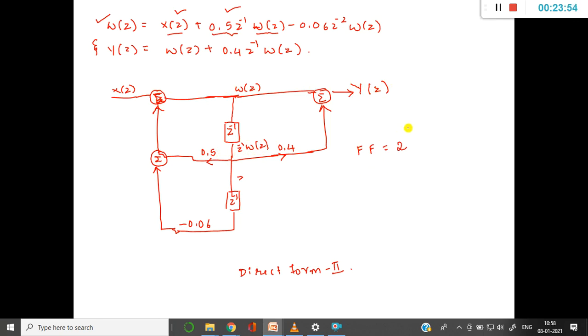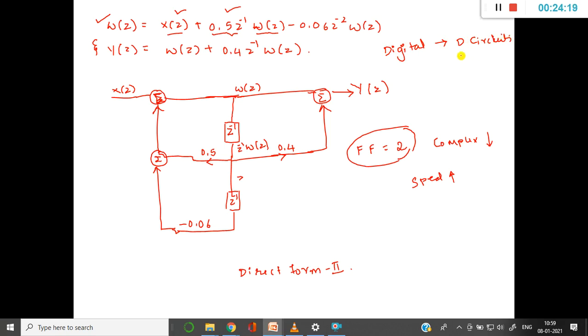Once you reduce the number of flip-flops, the hardware complexity is reduced and the speed of the hardware increases. When we talk about digital, I need digital circuits to implement.